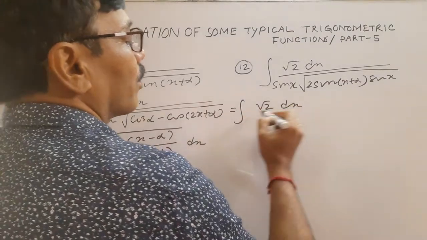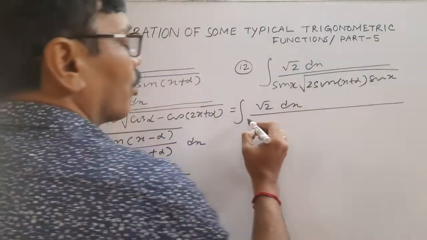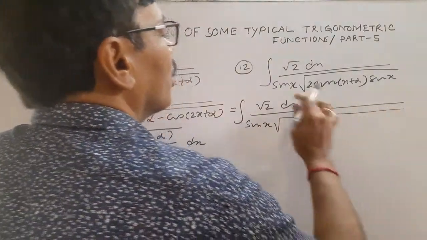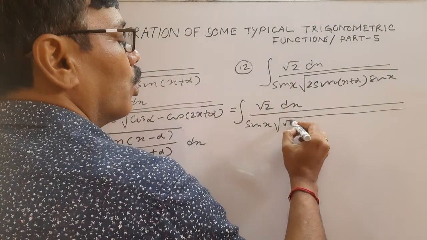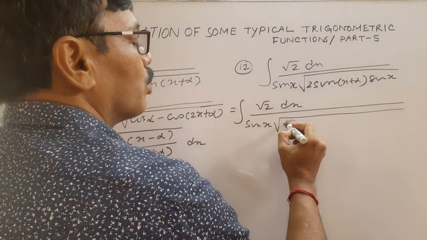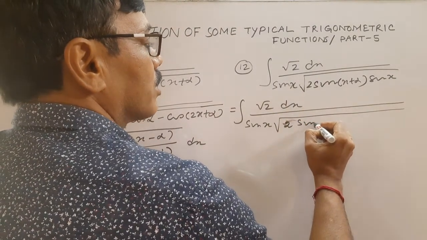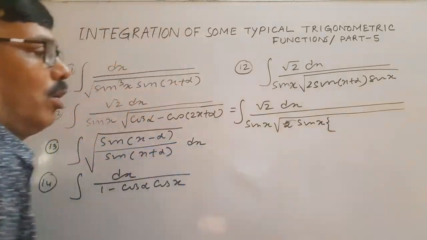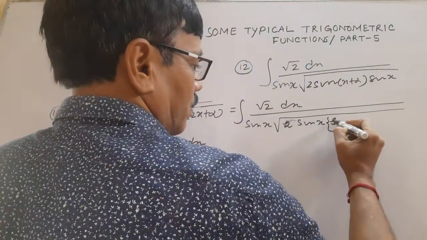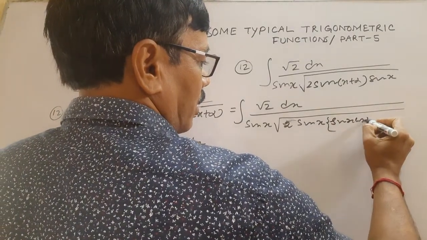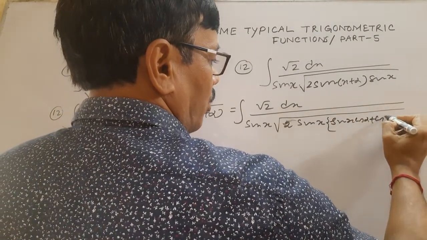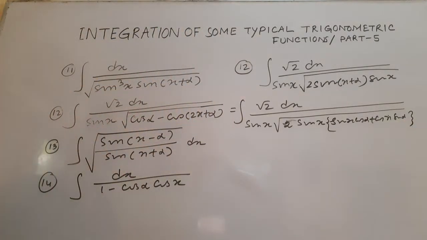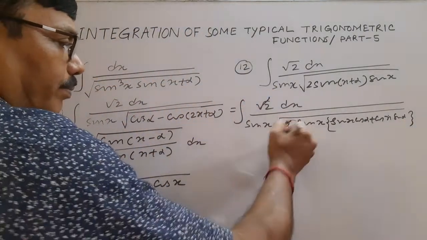Root 2 dx. So sine x, and this one is root 2. So this is 2 sine x into the formula of sine x plus alpha: sine x cos alpha plus cos x sine alpha. Now root 2 cancels.